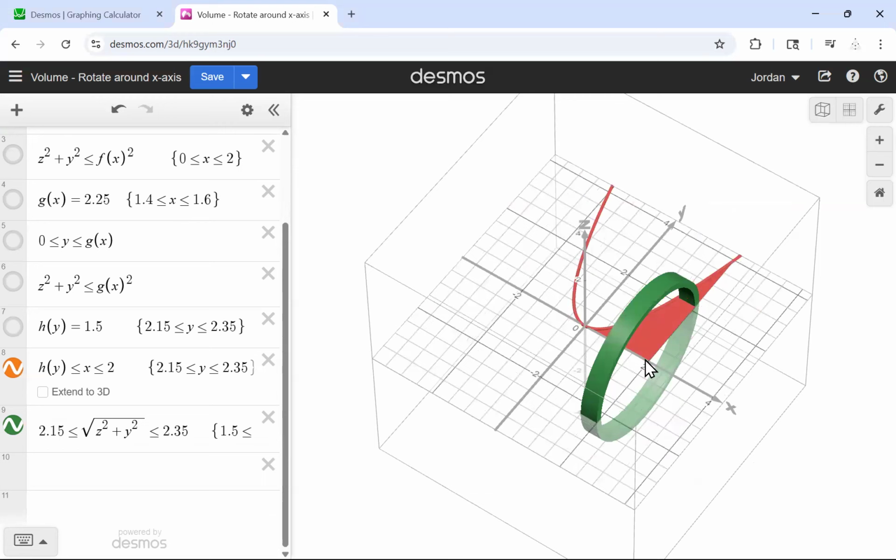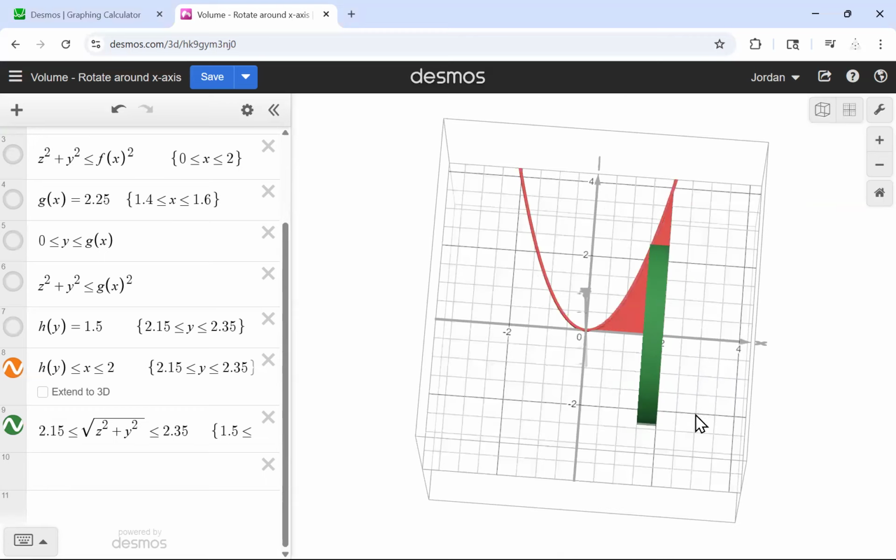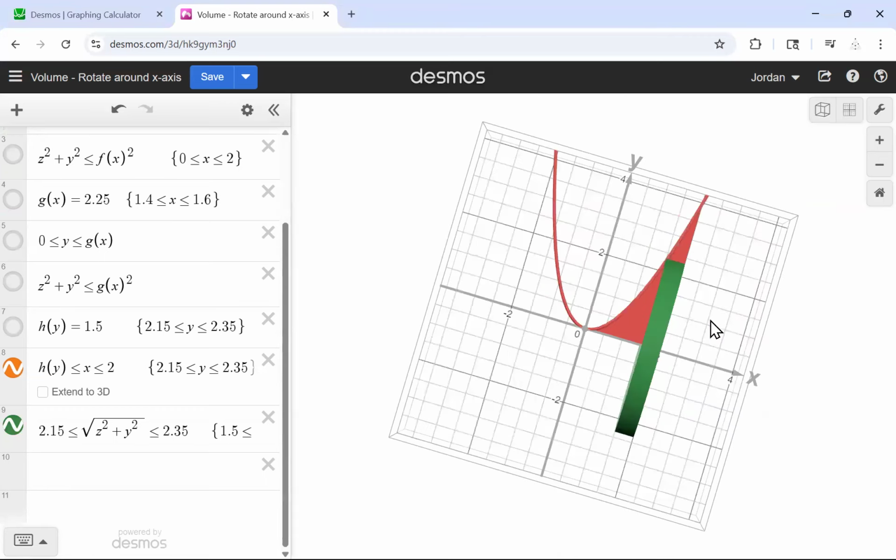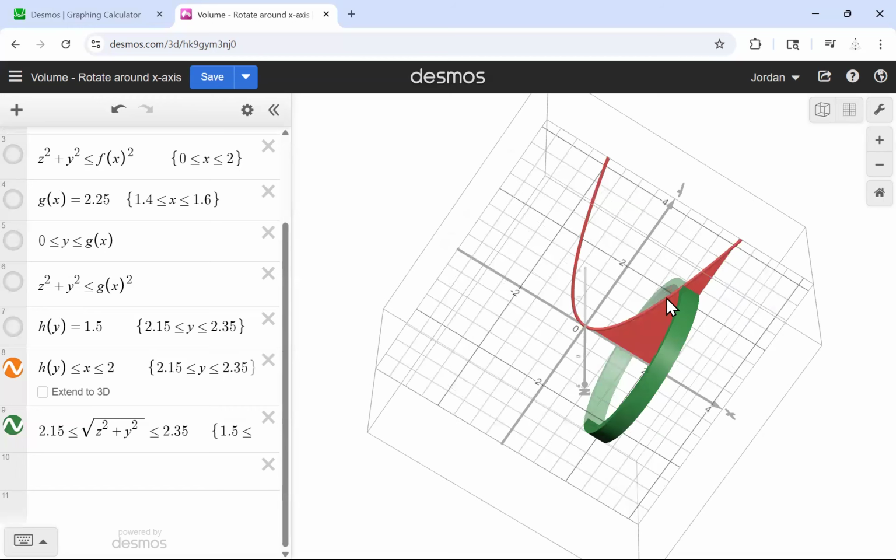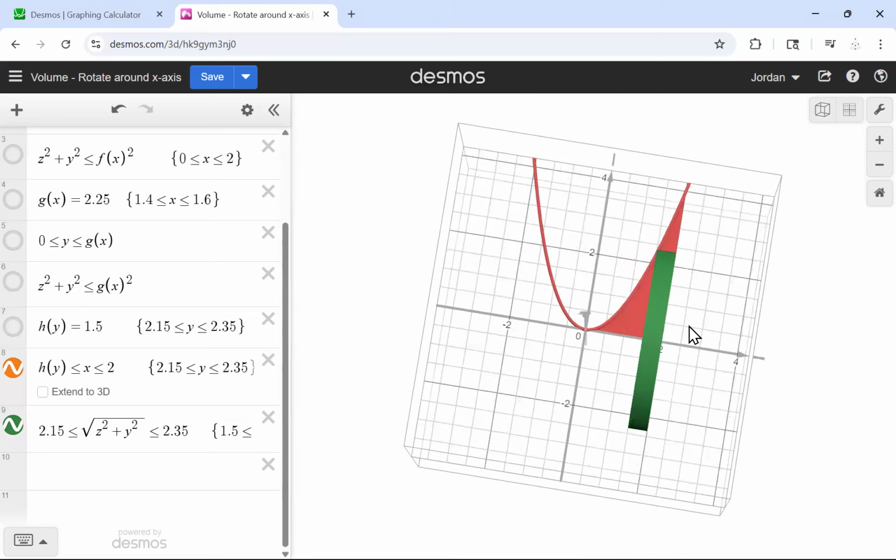So radius is from center to the top, and then the height of the cylinder is the length of this tube. And obviously, at this point, the tube only goes from the curve up to x equals 2, but it'll have a longer length down here, but a shorter radius if I drew my rectangle down here.